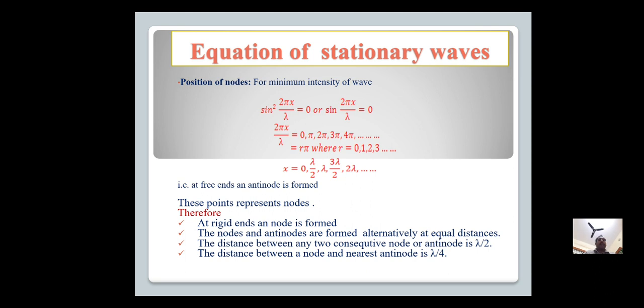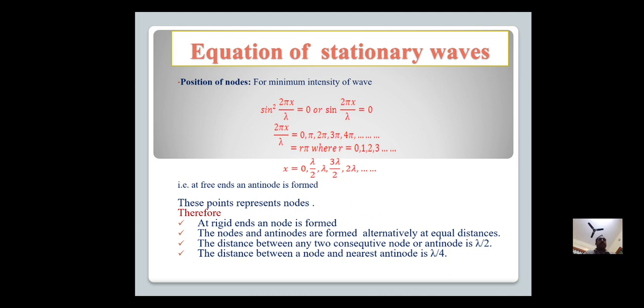So we see that at x equal to 0 a node is formed. So in the case of a rigid medium, at rigid ends a node is formed.